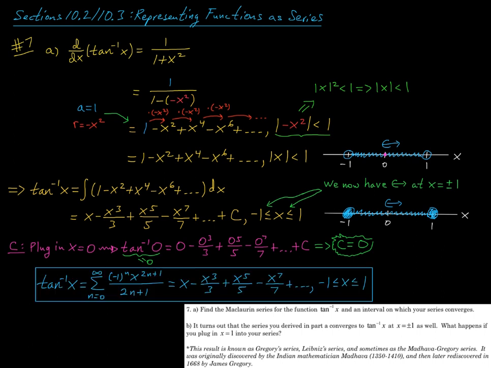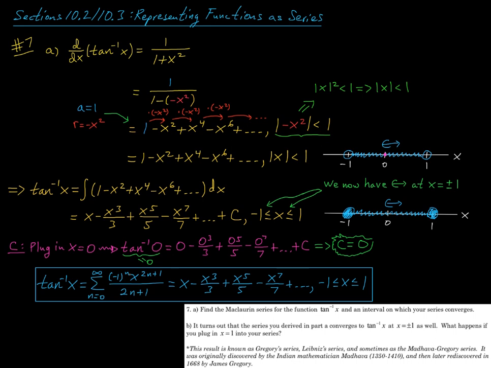Okay, so we record all of this as follows. The arctangent of x is equal to this series x minus x cubed over 3 plus x to the fifth over 5 minus x to the seventh over 7, and so on. Okay, and this series converges to the arctangent of x for all x in the interval from negative 1 to 1 inclusive. Okay, now I can write this series using sigma notation.